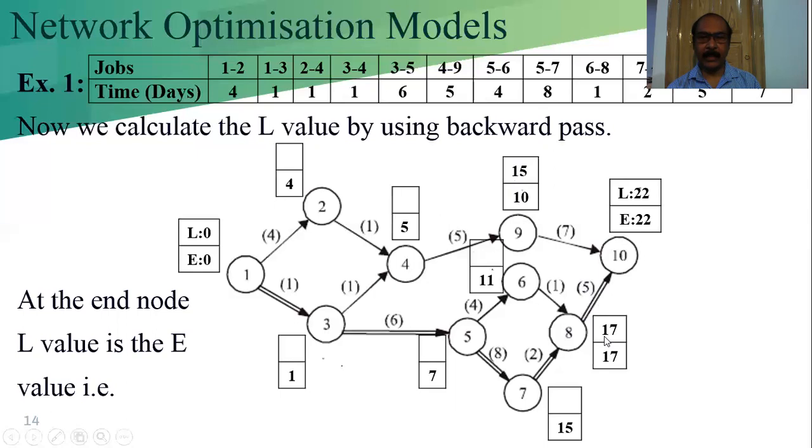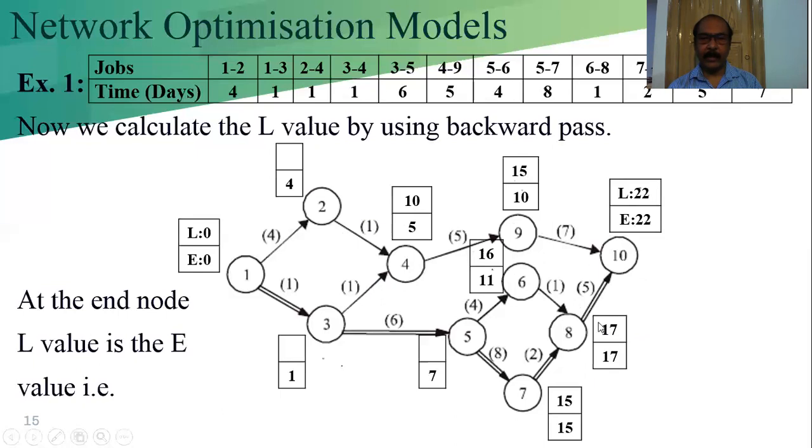Now 17, from here we can go back this way. So in the next slide I am calculating the other L values. If we calculate in one diagram, it will be more confusing for you. That's why I am considering slide by slide.